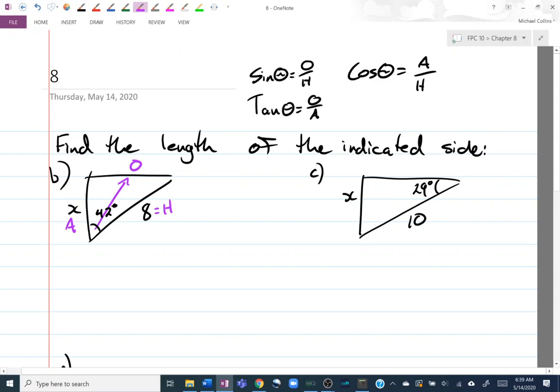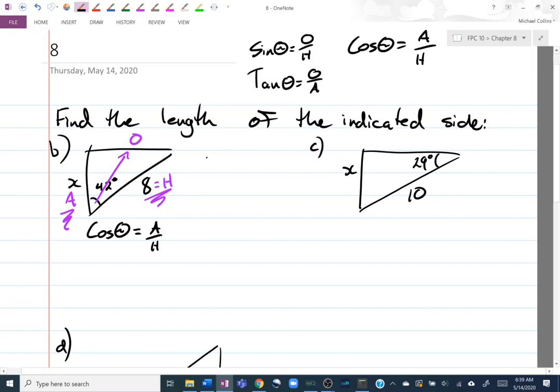Notice how this problem has to do with my hypotenuse and my adjacent side. I know one of them, and I'm trying to find the other, and I have the angle, which means I'm going to choose the trigonometric ratio that has to do with adjacent and hypotenuse, which is cos. The cos of my angle is equal to adjacent over hypotenuse, and then my next step is to write down the numbers in it.